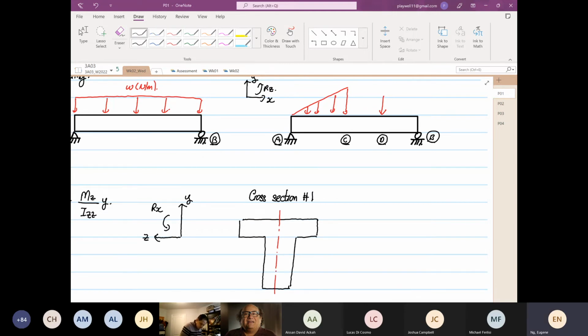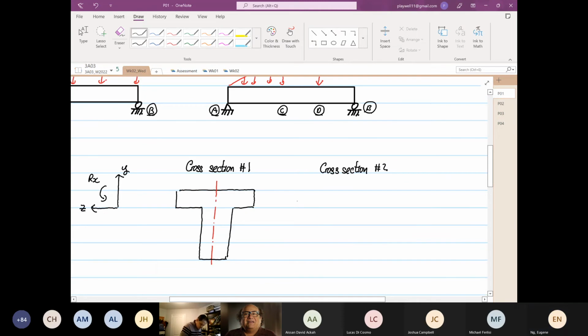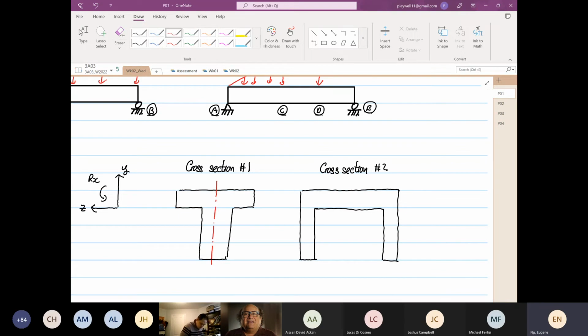You have a T section. And then I'm going to draw the geometric axis of symmetry. Then I'm going to have cross section number 2. It looks like this. So it's an N or a C. And I'm going to again draw the axis of symmetry.